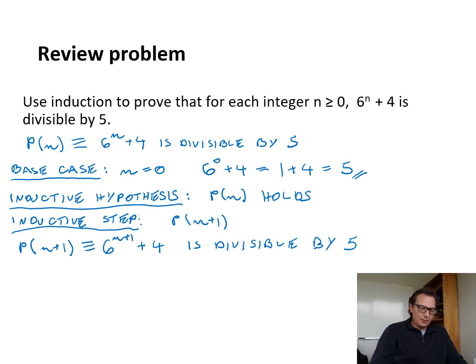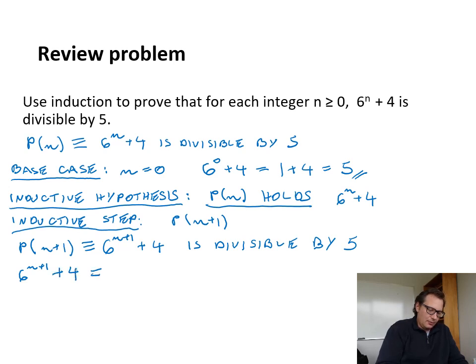So this is what we want to prove, and if you remember, we want to prove this by somehow plugging in the inductive hypothesis, which tells us that 6 to the power of n plus 4 is divisible by 5. So okay, let's try to do this. So we have 6 to the power of n+1 plus 4.